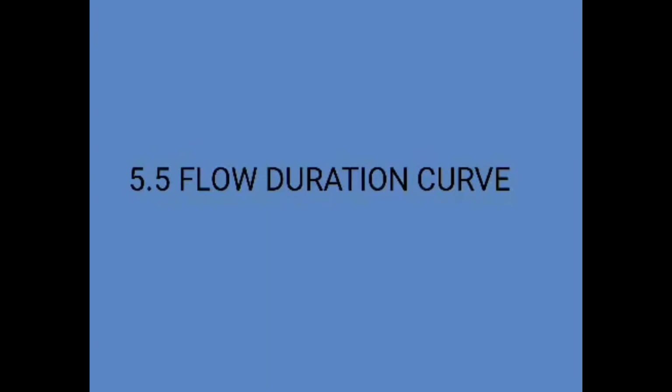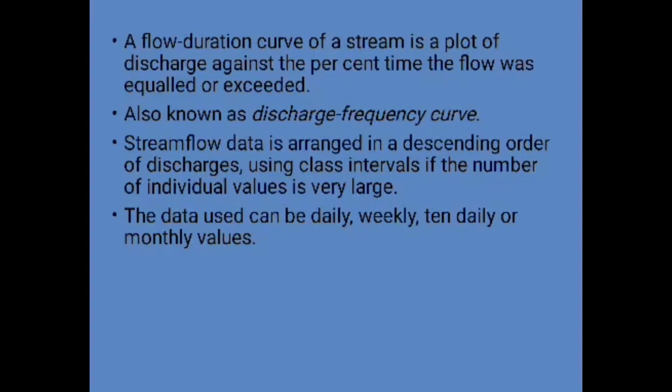Flow duration curve. A flow duration curve of a stream is a plot of discharge against the percent of time the flow was equaled or exceeded, also known as the discharge frequency curve. Stream flow data is arranged in descending order of discharge using class intervals if the number of individual values is very large.